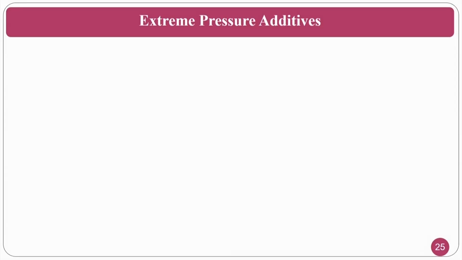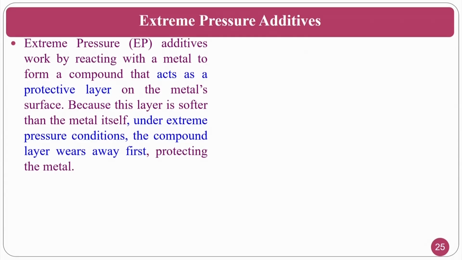The second one is extreme pressure additives. The extreme pressure additives work by reacting with a metal to form a compound that acts as a protective layer on the surface. So, under these extreme pressure conditions, this compound layer wears away first. That means these are some type of chemicals which react with the workpiece.